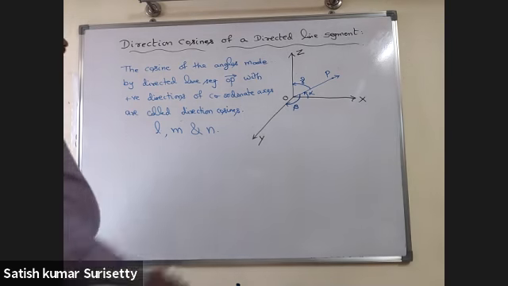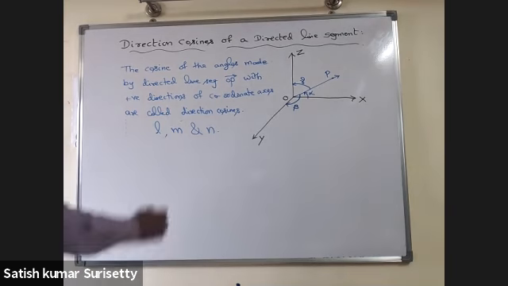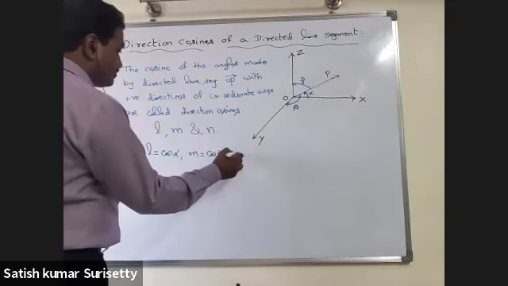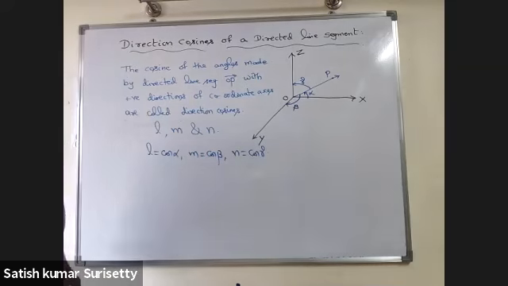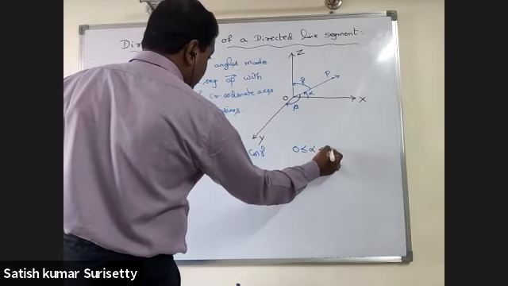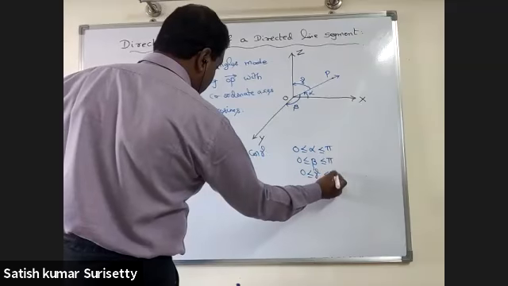If alpha, beta and gamma are the direction angles made by OP with coordinate axis, then L equal to cos alpha, M equal to cos beta, N equal to cos gamma, where 0 less than or equal to alpha less than or equal to pi, 0 less than or equal to beta less than or equal to pi, 0 less than or equal to gamma less than or equal to pi.